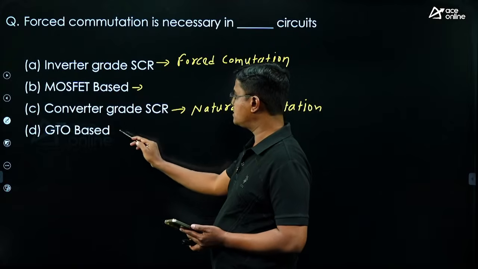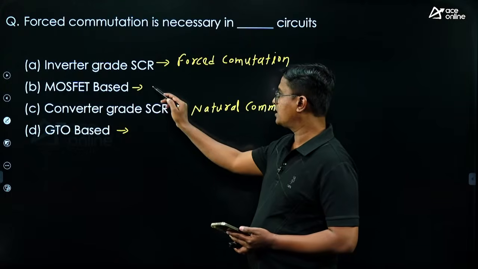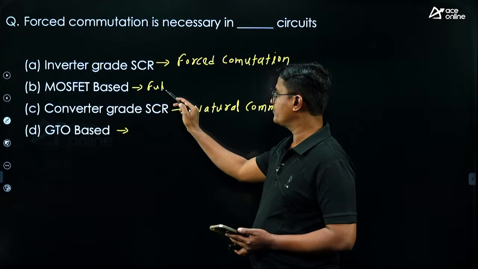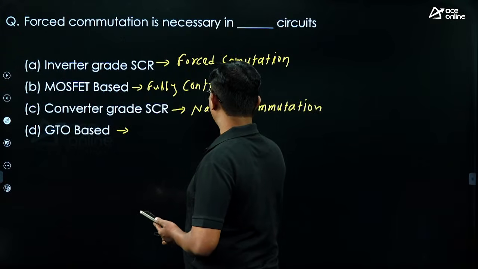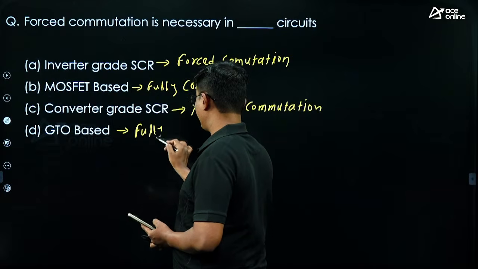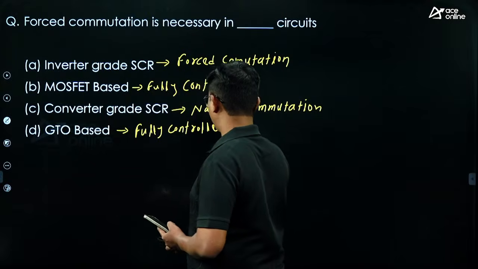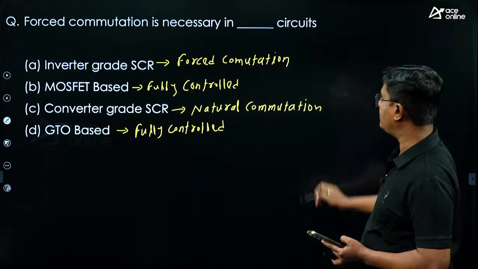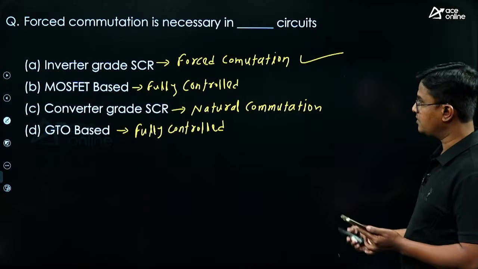Okay, so these are fully controlled, and this is also fully controlled. Right, so the correct answer is option A. In inverter grade SCRs we require forced commutation.